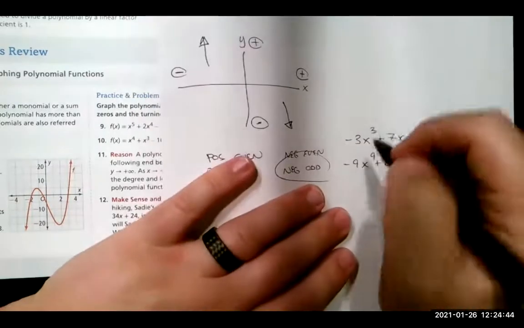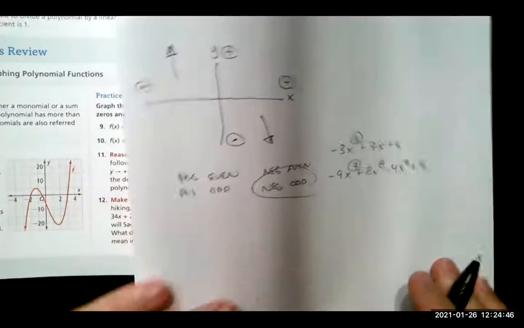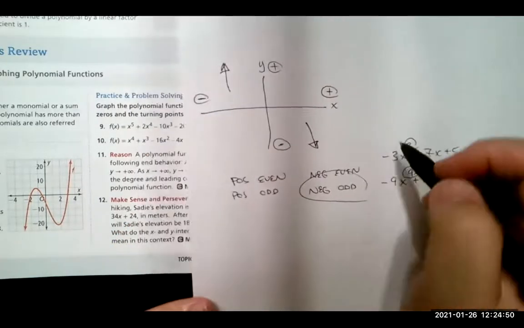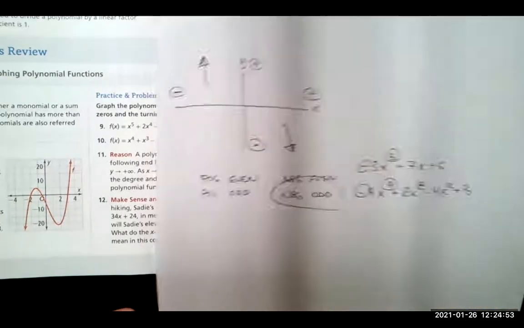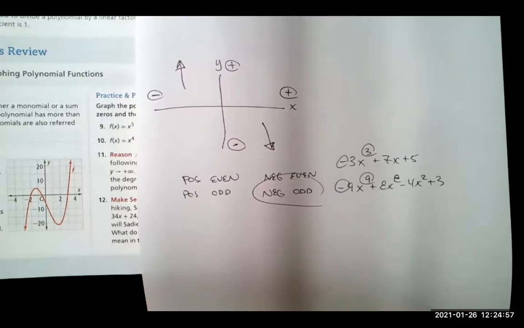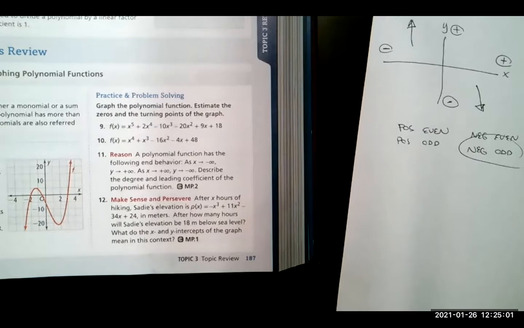The odd degree deals with the leading degree, the highest degree in that function. Those are odd numbers, and then the leading coefficient is negative. That's where they get those names, odd negative functions. So every odd negative function looks like that. So describe the degree and leading coefficient of the polynomial function. That would be the answer: it would be an odd negative function.